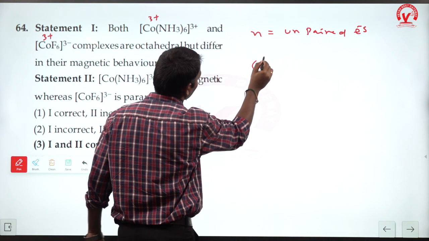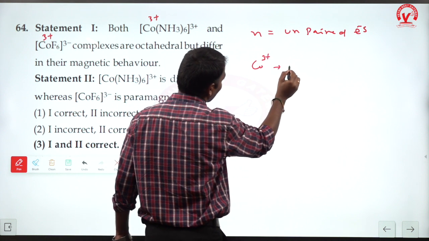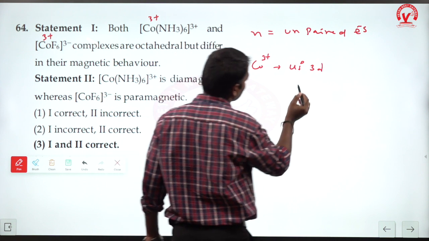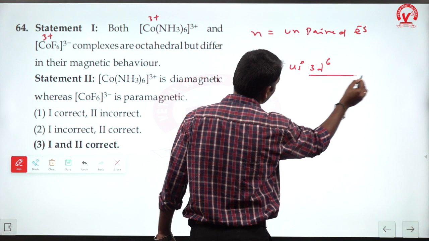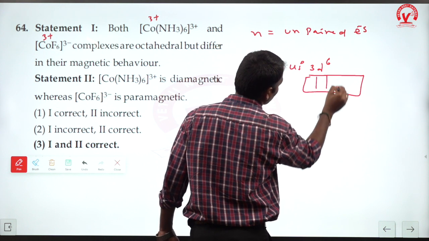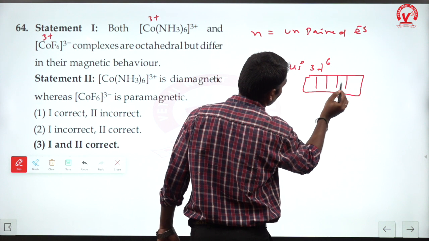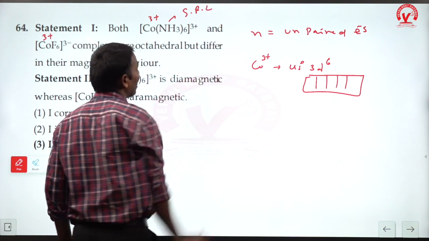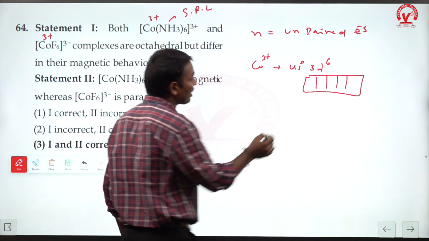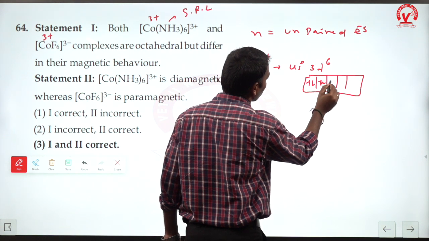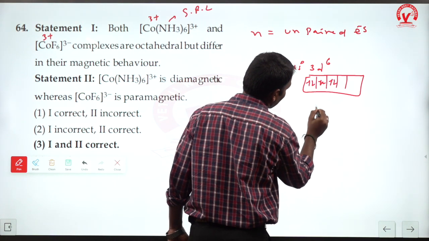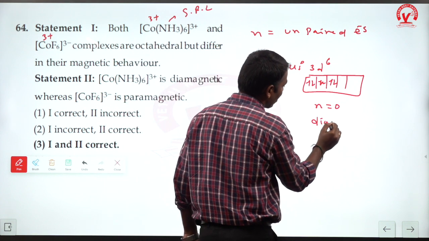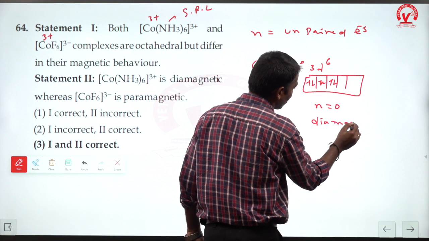For Co3+, the electronic configuration is 4s0 3d6, so the electrons are filled like this, 1 2 3 4 5. Here NH3 is a strong field ligand, so pairing takes place, 1 2 3 4 5 6. So n is equal to 0 here, the number of unpaired electrons is 0, diamagnetic.